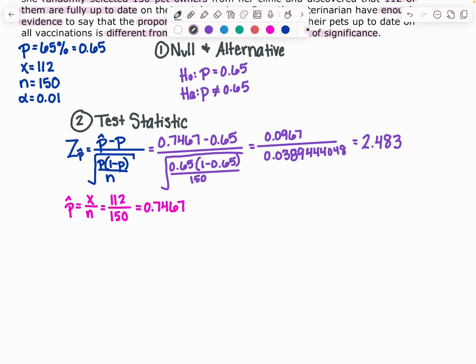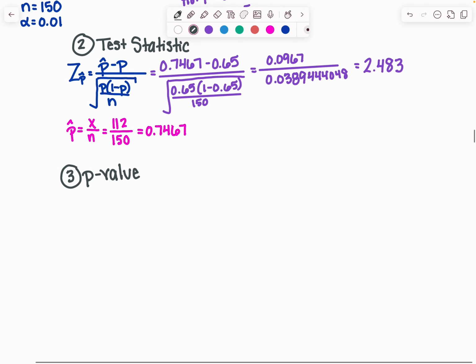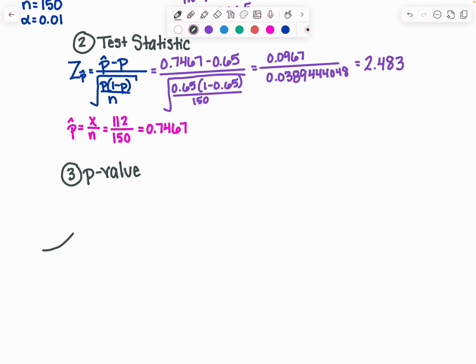So now this part, the p-value, is a little bit different because we're doing a two-tailed test. So I do recommend drawing the picture on this one if you haven't been. So for the p-value, we have our curve, and 2.483 would be maybe about here.